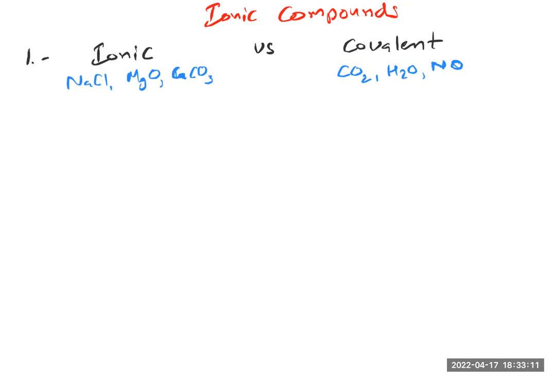And the idea is that ionic compounds are actually made of cations, which are positively charged ions, and anions, which are negatively charged ions. So that's what ionic compounds are made of.